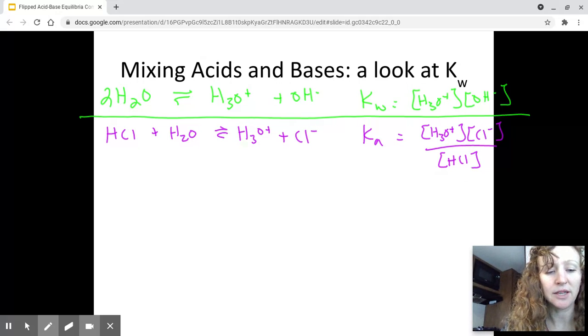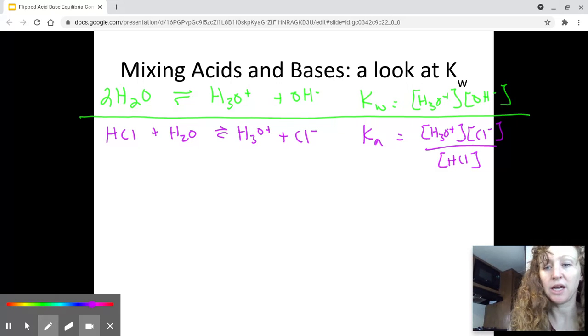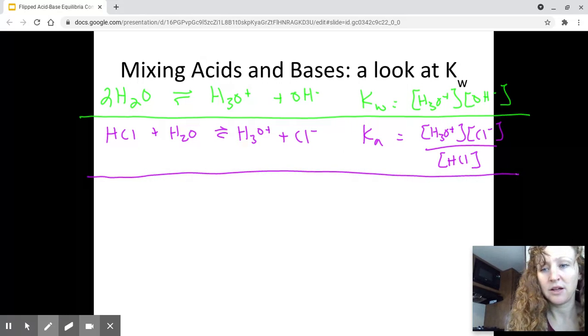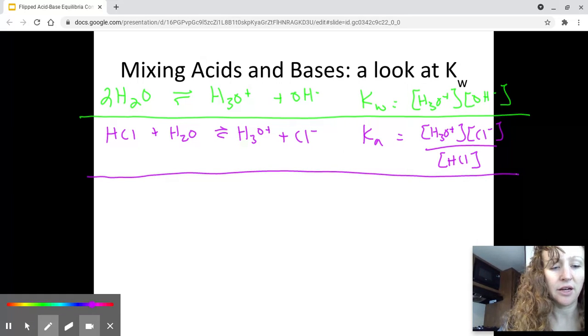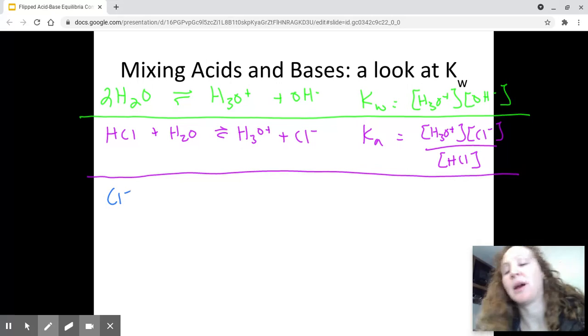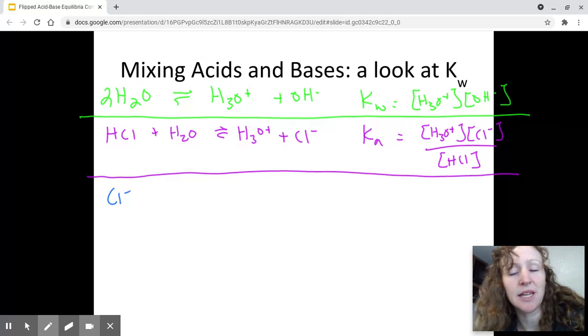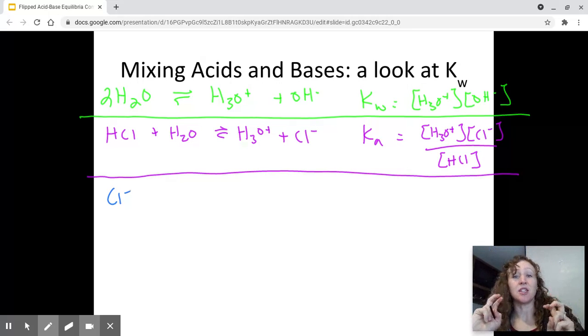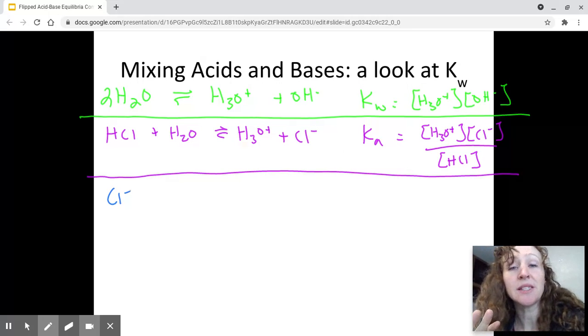Okay, I'm going to do the same thing now for the conjugate of that. So if we look at hydrochloric acid's conjugate, which is Cl-, it can technically act as a base. Now we know it's a weaker base than water, so we would classify it as a useless base, right? But we can still write the reaction as if it were going to act like a base.